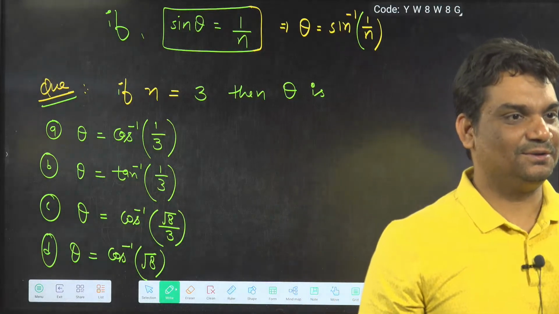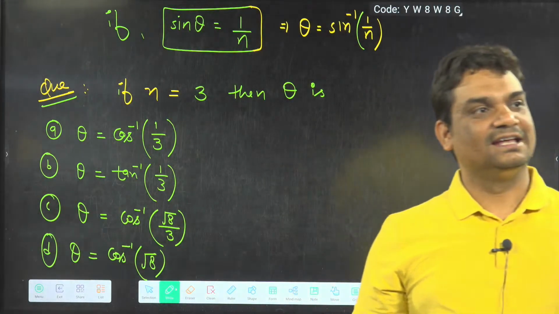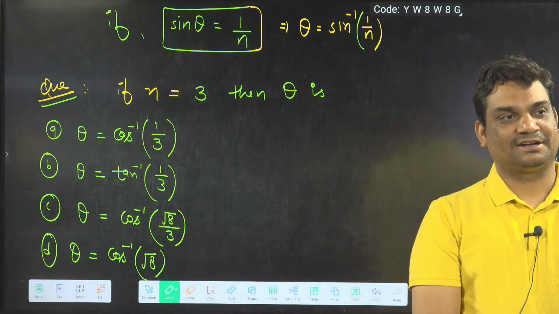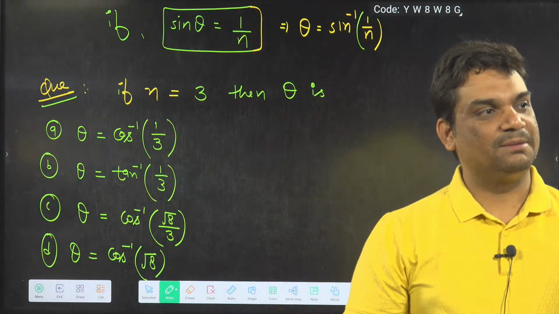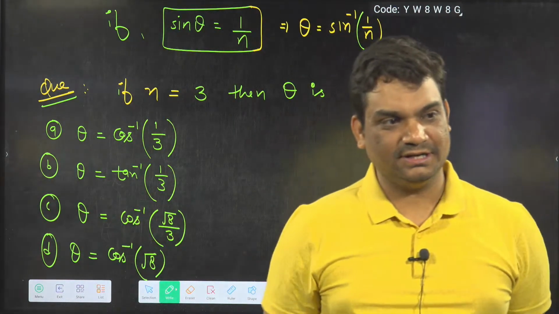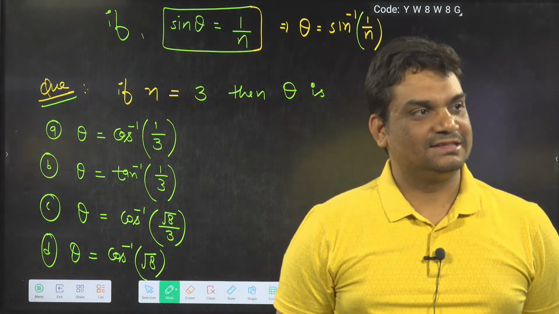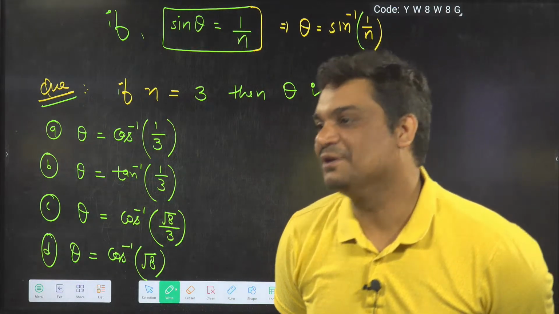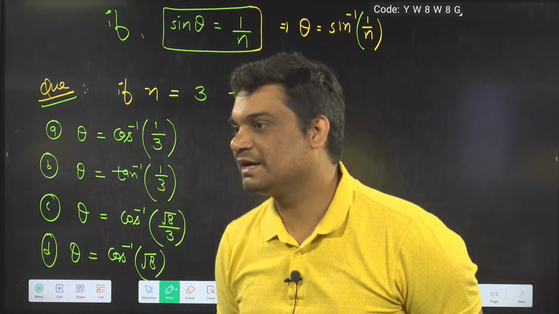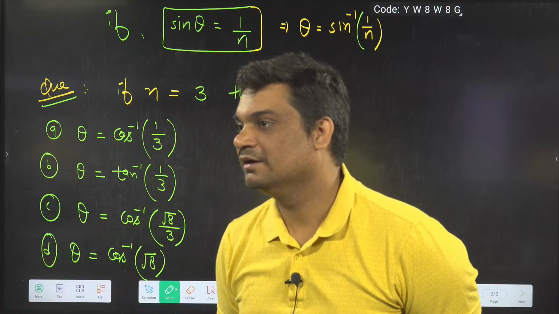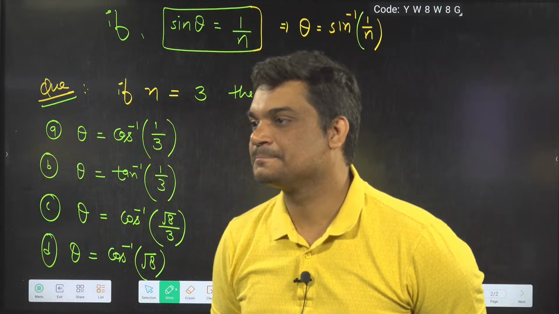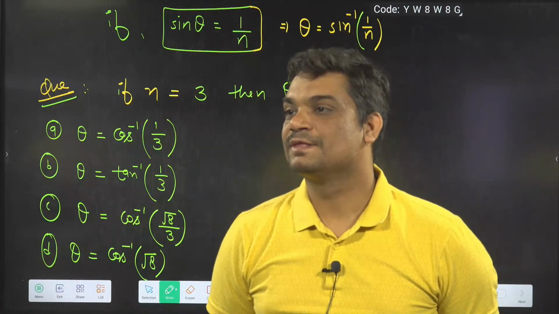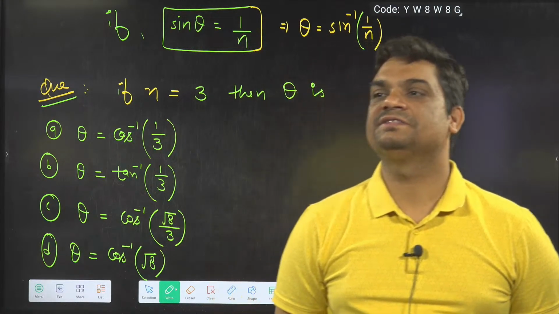You have to tell the correct answer. Sine theta equals 1 by n. So n will be how much here? 1 by 3, I am giving in the question. You have to tell me the value of theta.